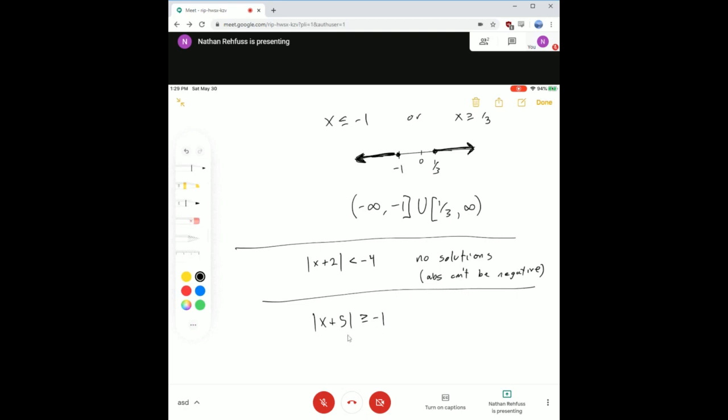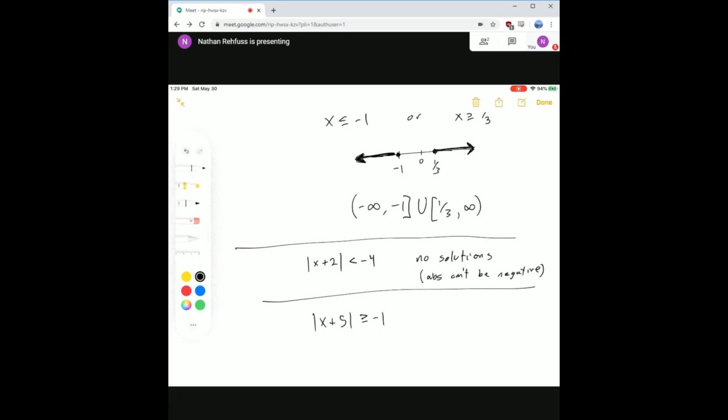So look at it this way. If I plug in x is -5, then this whole thing is a 0. Its absolute value is 0. 0 is still at least as big as -1. Or if I plug in x is 10, 15 is bigger than -1. Or if I plug in x is -100, 95 is bigger than -1. There is no x I can plug in that'll violate the restraining order.